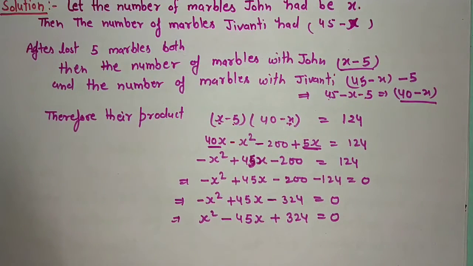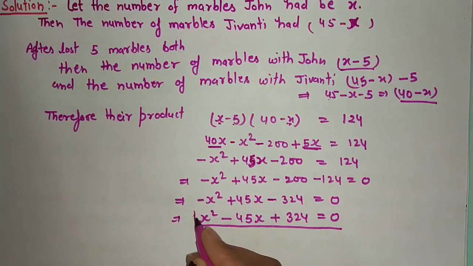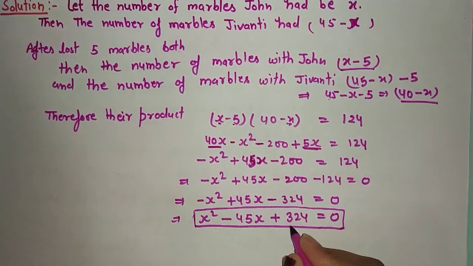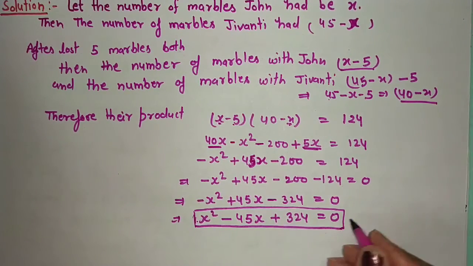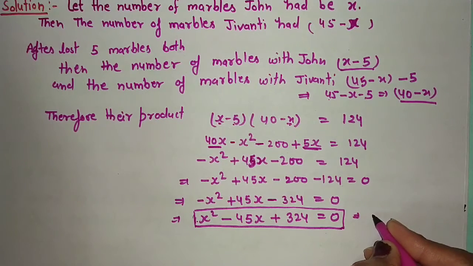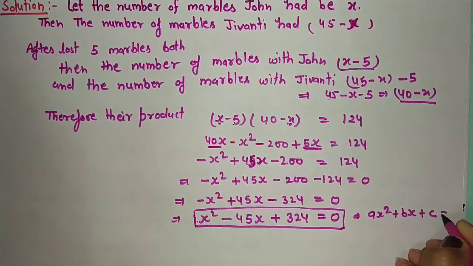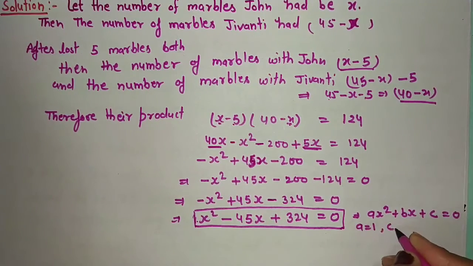Now we solve this quadratic equation by the factorization method. By comparing this equation with ax square plus bx plus c equal to 0, we get a equal to 1 and c equal to 324.